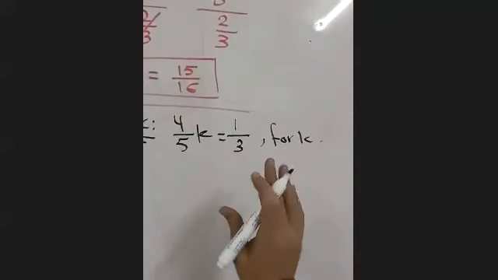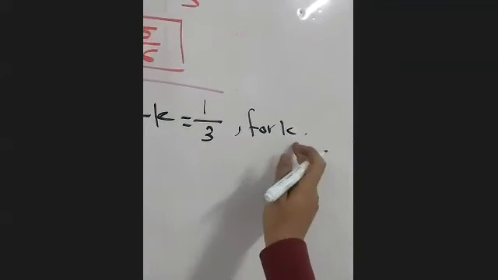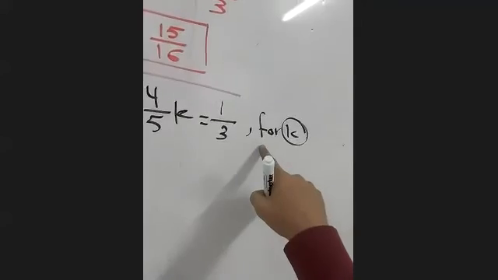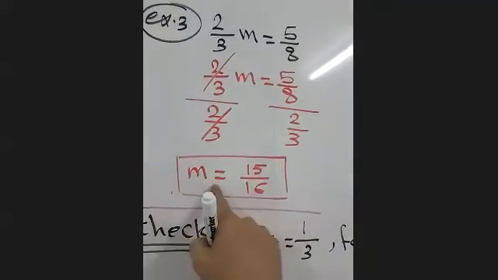By the way, when you see solve the equation for the variable, it means they want you to find the value of the variable. This is the meaning of this word for k. Like for M, I need to find the value of M.